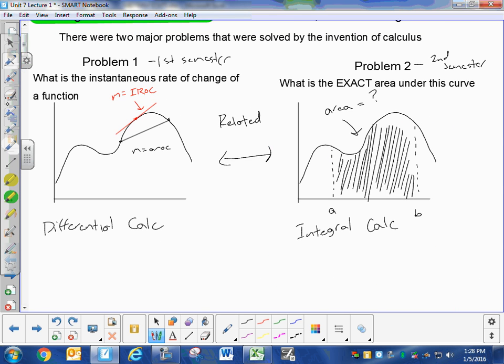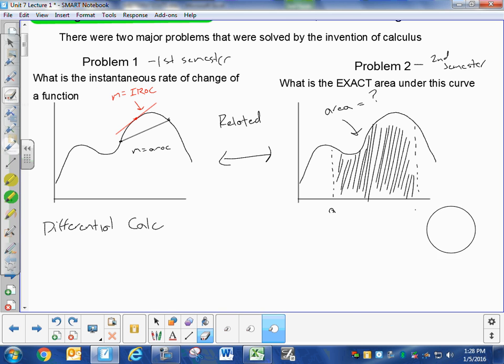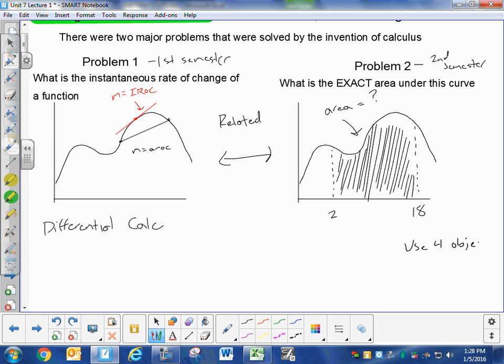So, for example, if I wanted to approximate the area under this curve, and we go from 2 to 18, and I had to have 4 objects, Riemann would say, okay, make sure the objects' widths are the same.